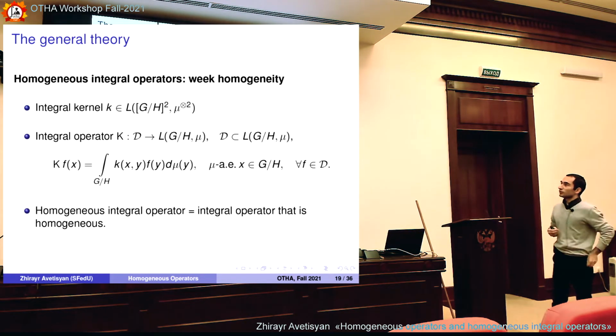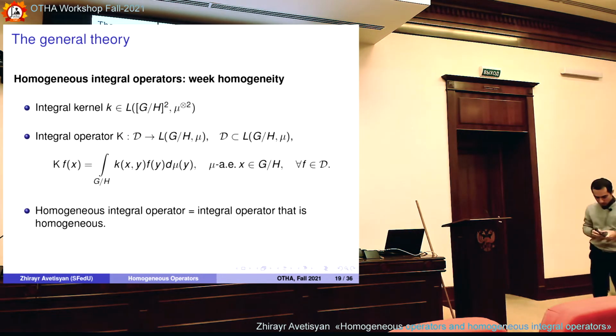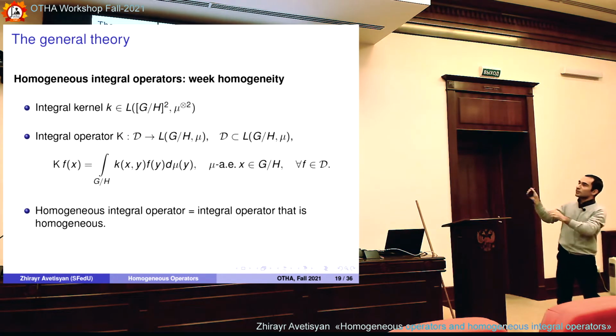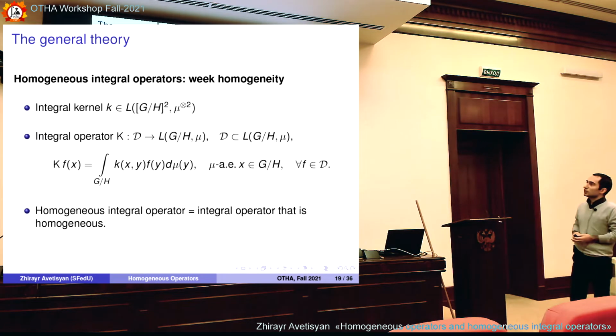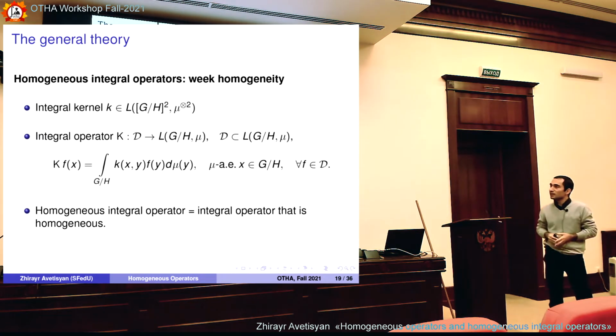What about the integral operators? Then you have a kernel K, which is simply a measurable function, and you have an integral operator K. It is called an integral operator if its action on a function from its domain is almost everywhere given by this integral formula.